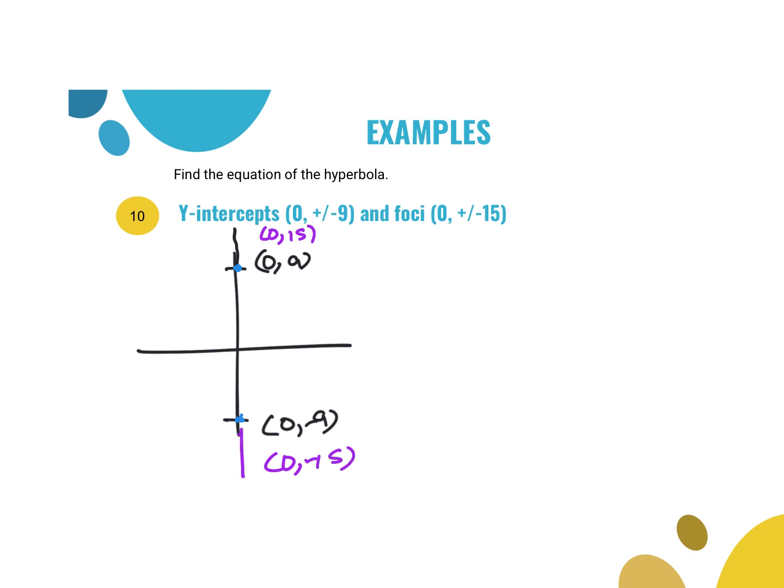So you can already see that your hyperbola is going to be vertical, the transverse axis is vertical. So again, the midpoint between these two y-intercepts is 9, which is the a value. And then the distance between the foci, the c value, is 15, or plus and minus on both of these.